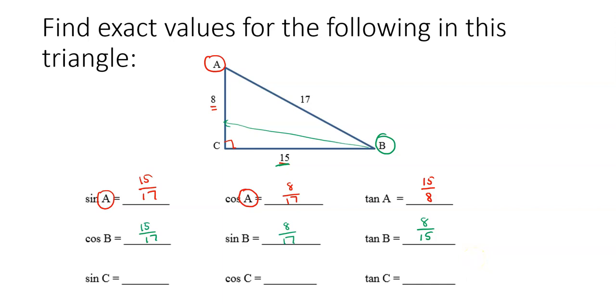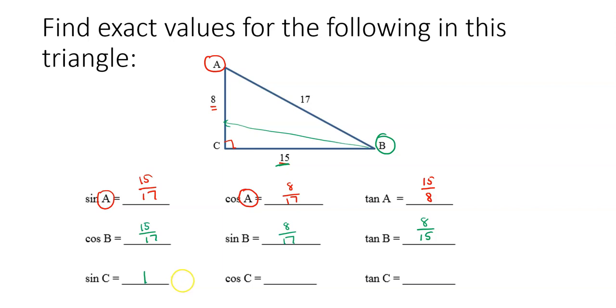Now, the sine, cosine, and tangent of C are going to present a little bit of a problem to our definition because opposite angle C is the hypotenuse. It turns out the sine of 90 degrees is 1. You could think of it as the opposite side being the hypotenuse, so they're both the same.